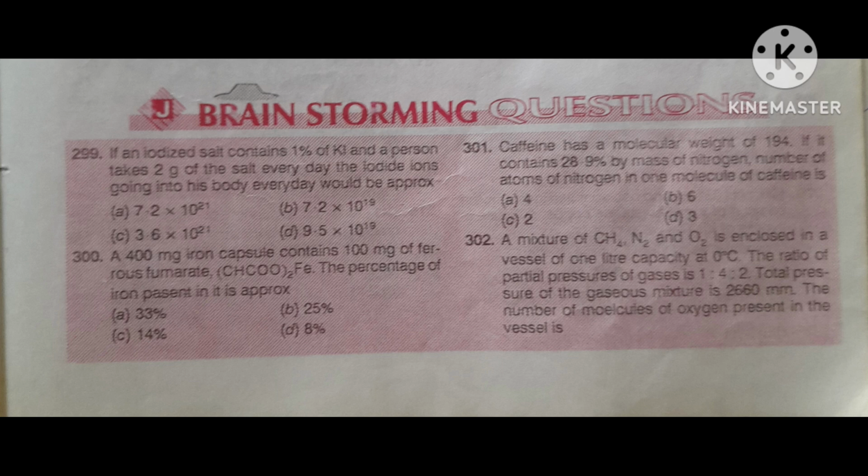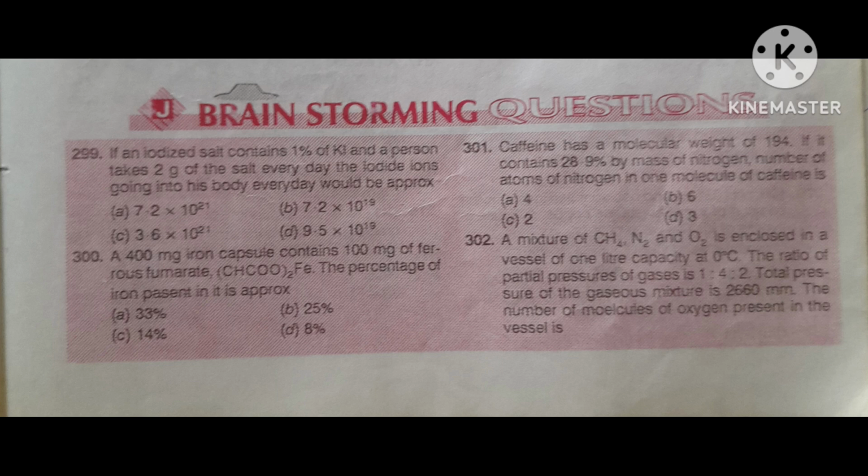Then 100 grams contains 1 gram, so 1 gram contains 1 upon 100, and in 2 grams it is into 2, that is 2 divided by 100, which is 0.02 gram.